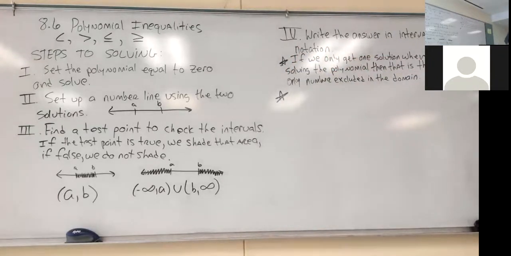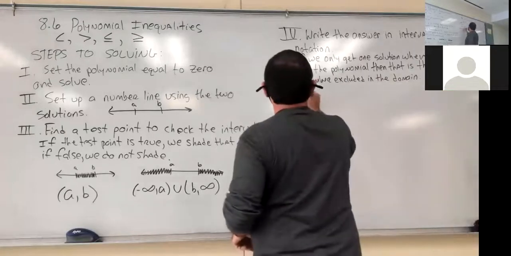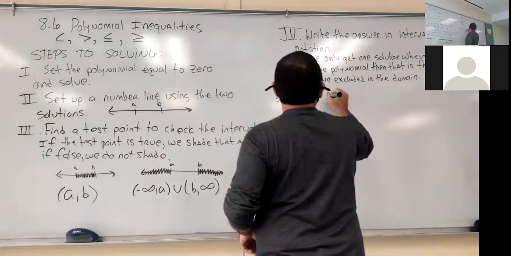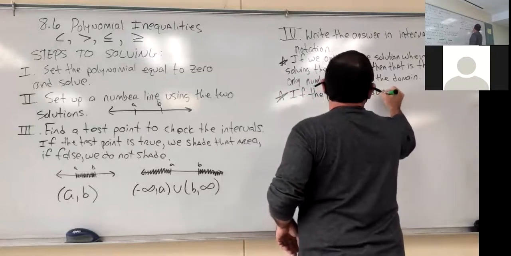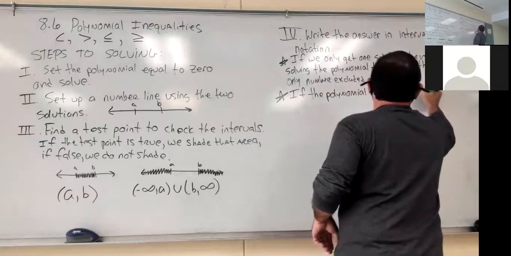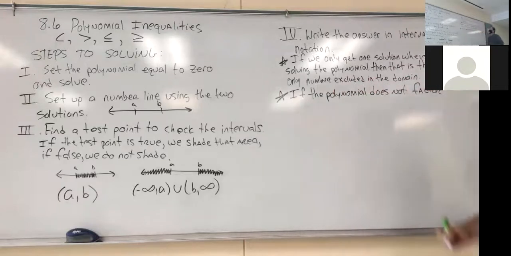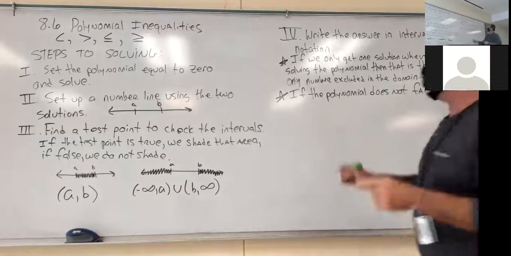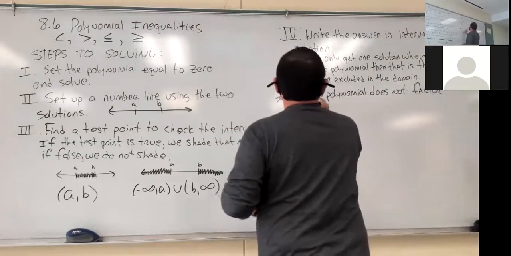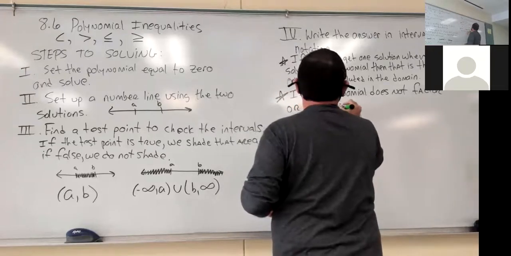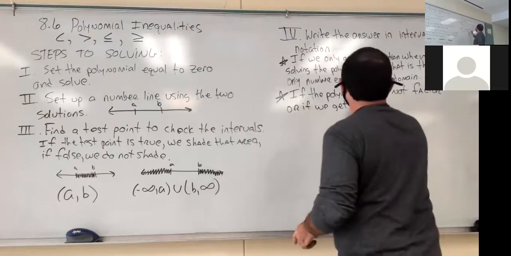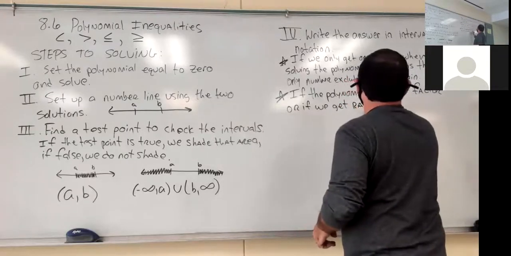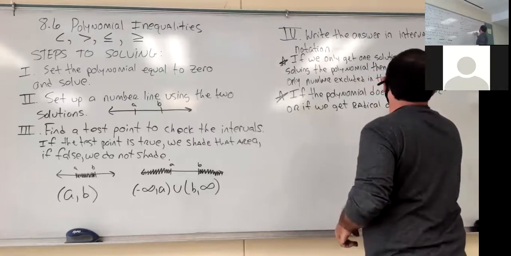If the polynomial does not factor, now if you're using the quad on this, so if the polynomial does not factor, or if we get radical or imaginary answers on quad, so radical or imaginary.